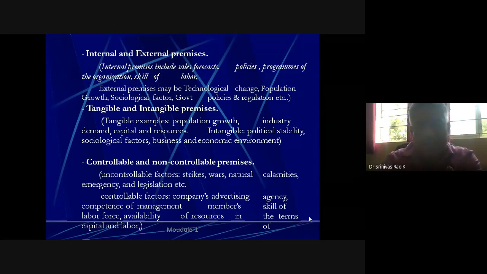Now there is something called controllable and non-controllable premises. Uncontrollable factors are like strikes, wars, natural calamities, emergencies and legislation. The controllable factors are companies, advertising agency, competence of management, skill of labor force, availability of resources in terms of capital and labor. So these are certain parameters.